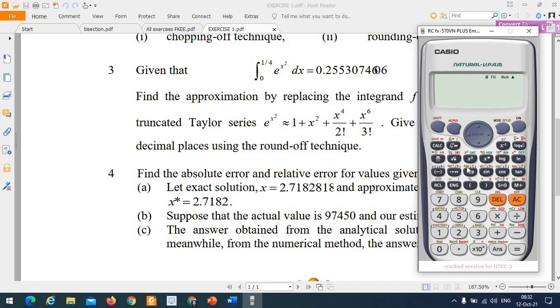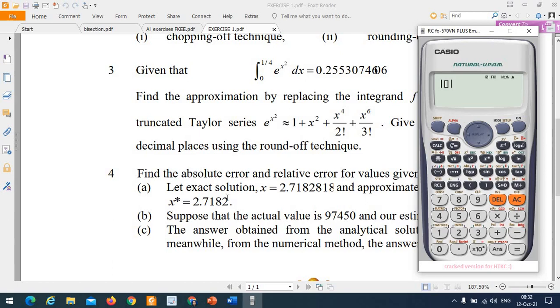ABS. You find in your calculator, you got ABS there, stands for absolute. This is brown color, so shift this one. For example, you put -5. You change it to magnitude only. So you use this button.